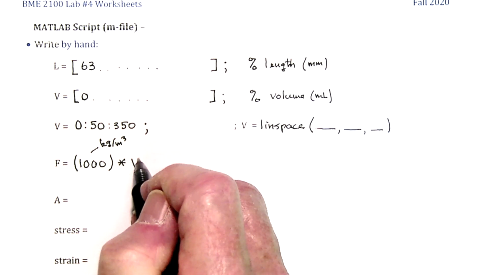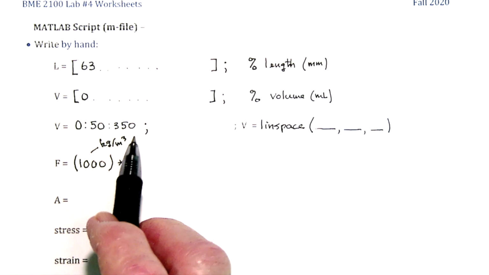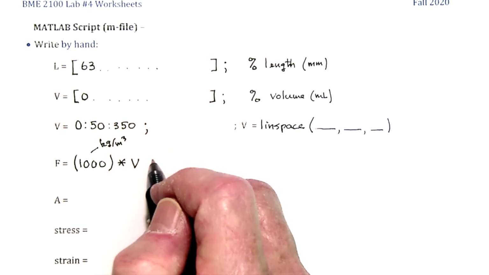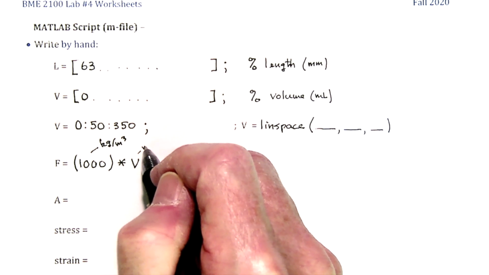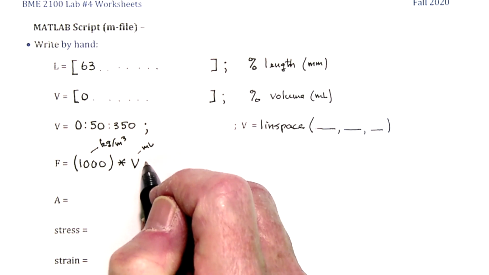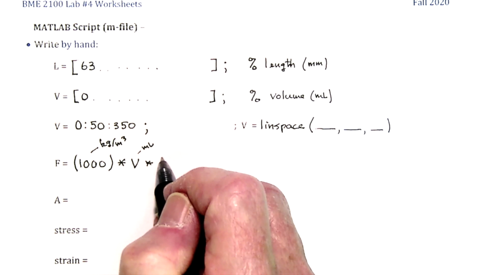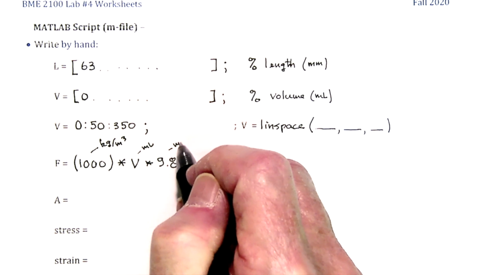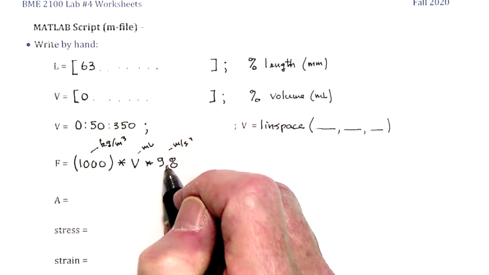Well, the volume V is the row vector that we just generated by any one of these 3 methods just above. And that is in units of milliliters. And then we're going to multiply that by the acceleration of gravity, which is 9.8 meters per second squared in the SI system.